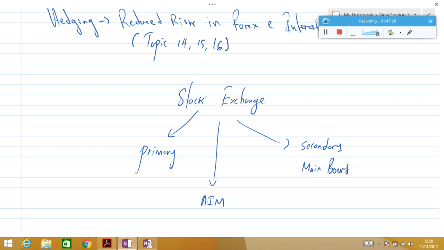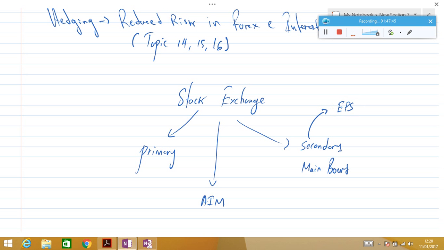And how do they analyze, how do they know whether the company is performing well or not? Based on earnings per share, EPS. Do you still remember, guys?